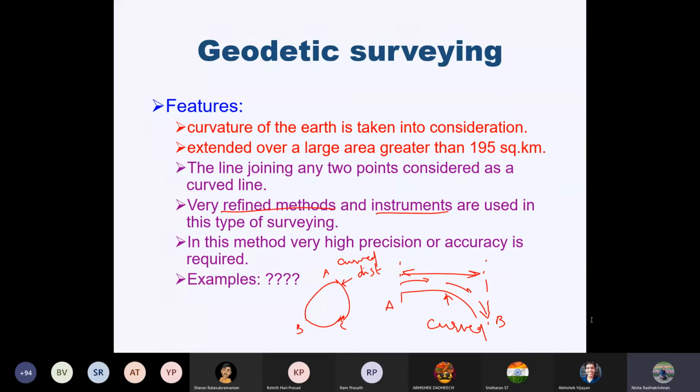Now, when you are coming up with all these examples, what is it that has changed in this application? When we were speaking about plane surveying, you said chain survey. You came to plane table, right? And then I asked you to think of examples on that.